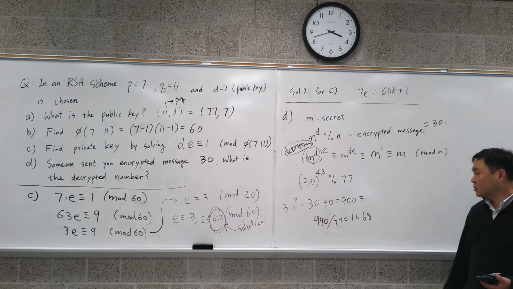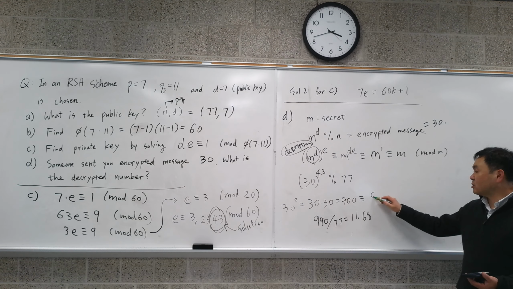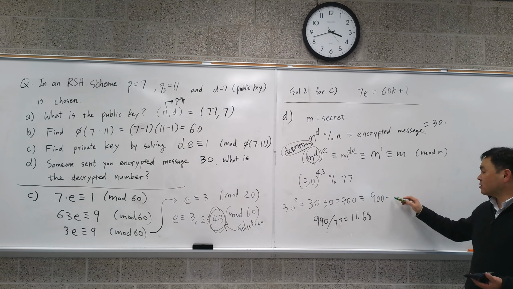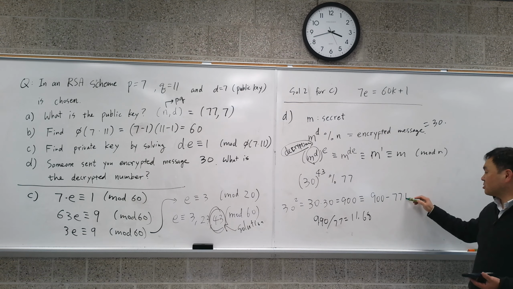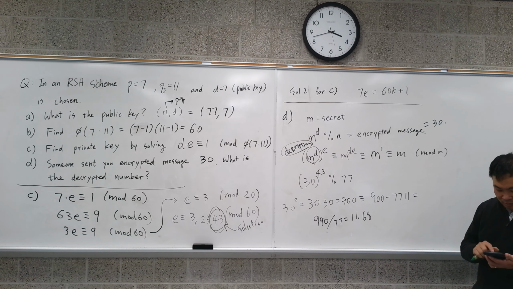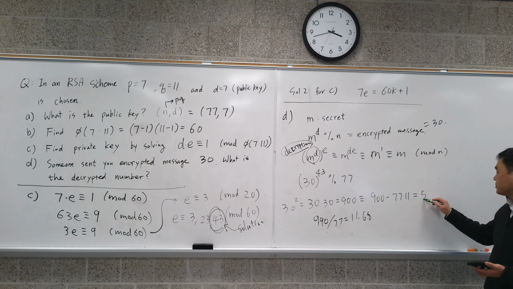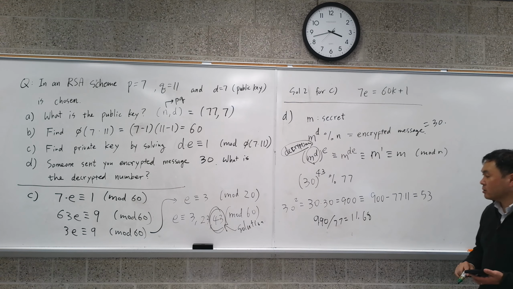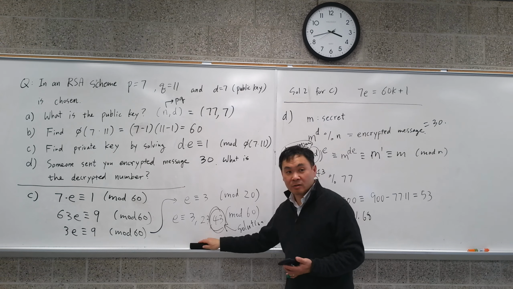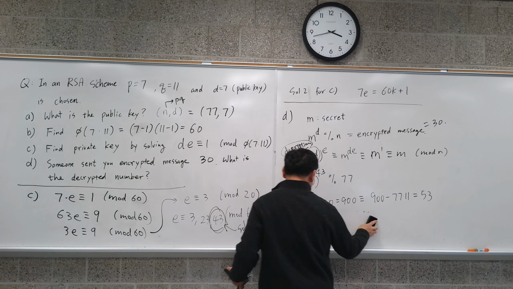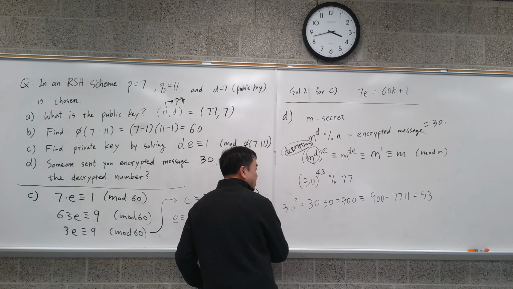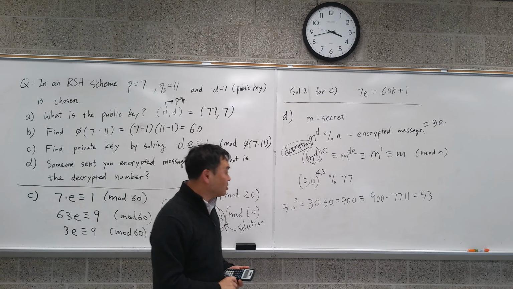So what you do is you can do 900 minus 77 times 11. That gives you 53. So that's what 30 squared is. 30 squared is congruent to 53 in mod 77.